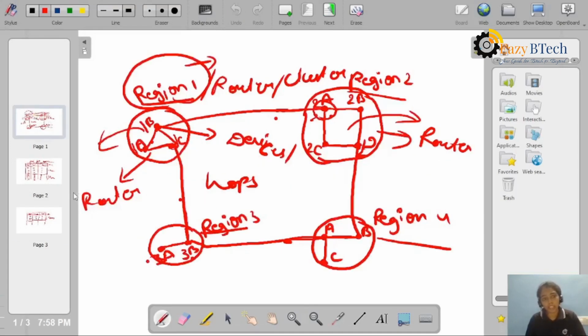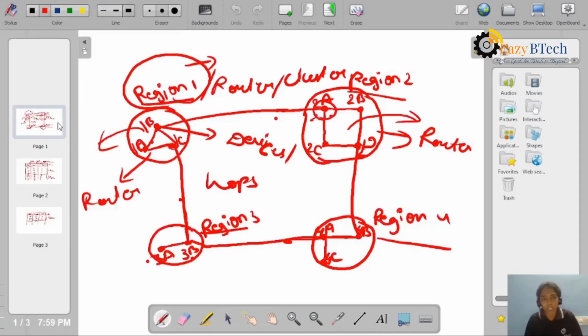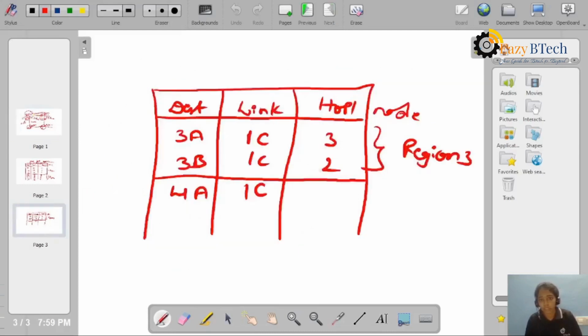How many nodes are connected? 4A means 4A, 4B, 4C, which are connected in region 4, that's why I'm writing 4A, 4B, 4C. I think it is clear. Just to check how many nodes are connected from 1C: 1, 2, 3, so 3 nodes. Next, 4B.